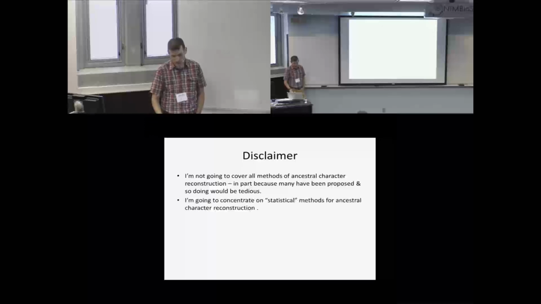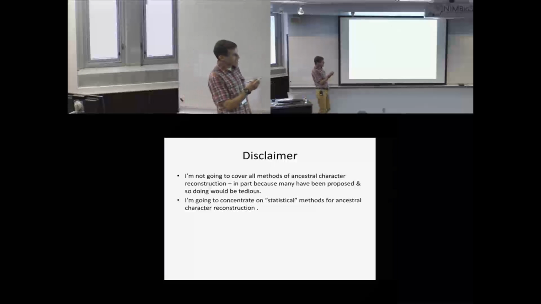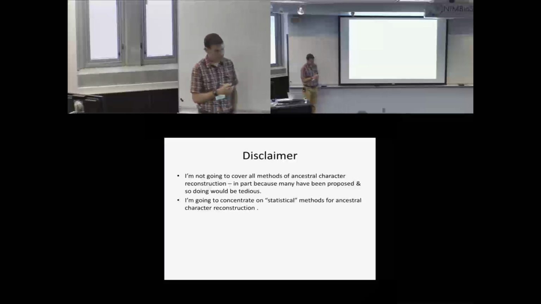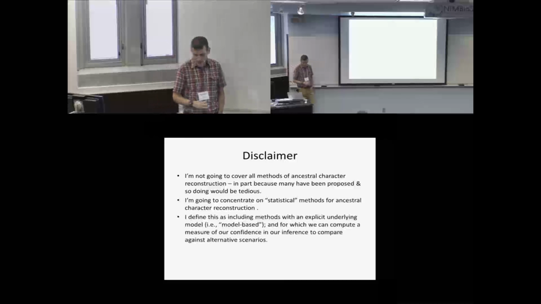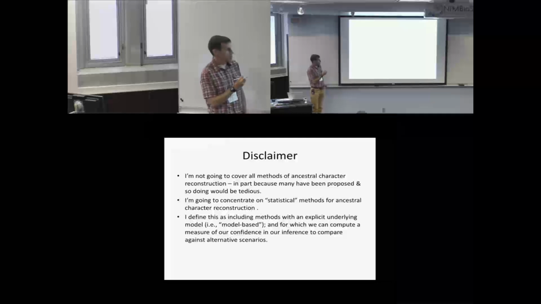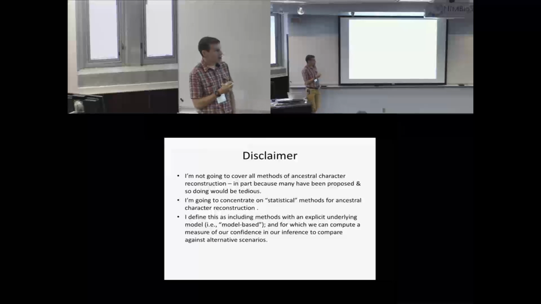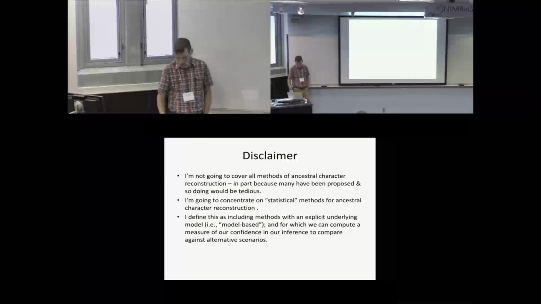I'm going to focus on what I'm denoting as statistical methods for ancestral character reconstruction, and I'm defining this loosely as methods that include an explicit underlying model, so a model-based method, in which we have some kind of process model for the way in which our data arose on the tree, no matter how realistic or unrealistic that process model might be.